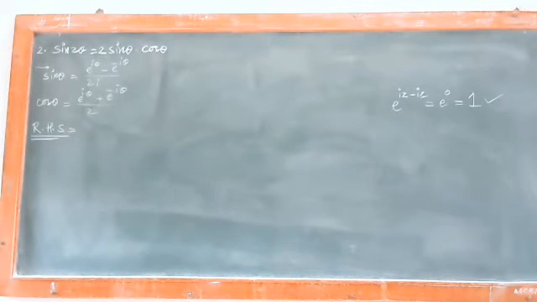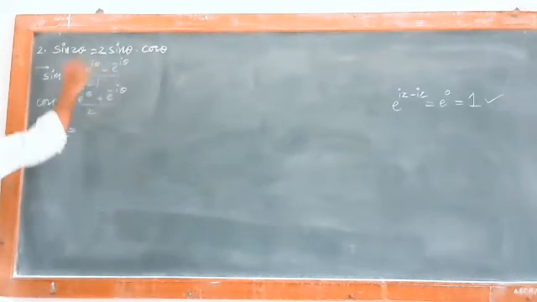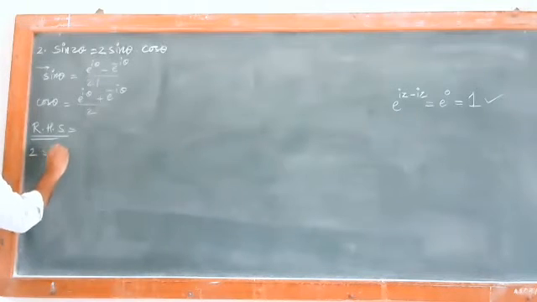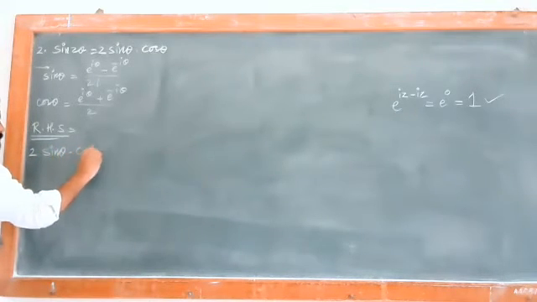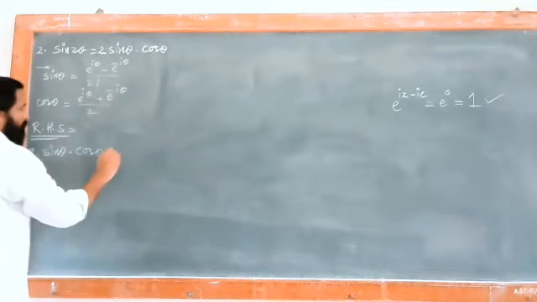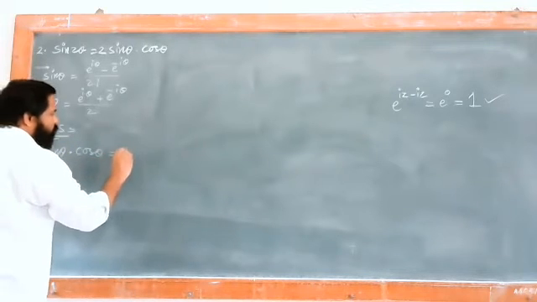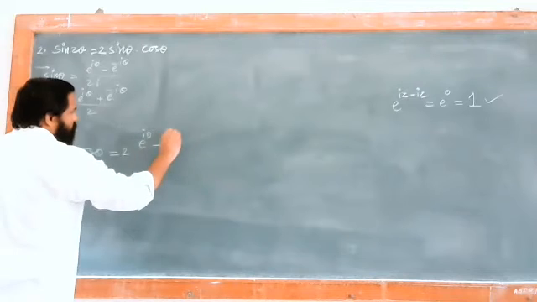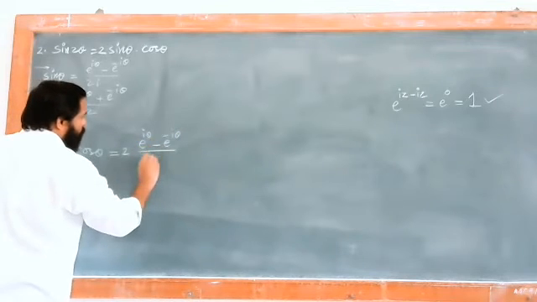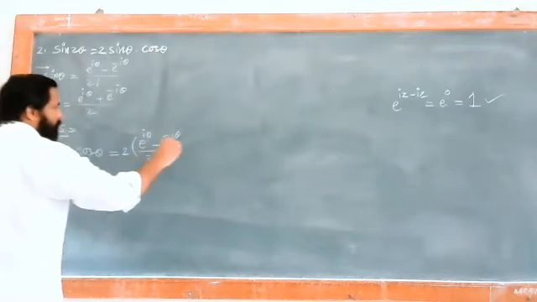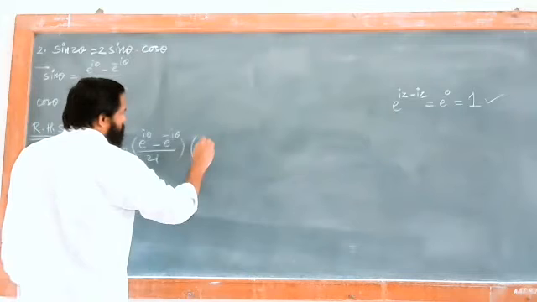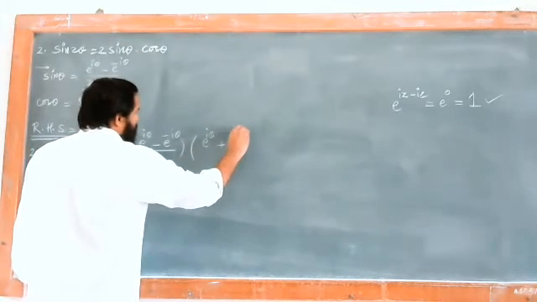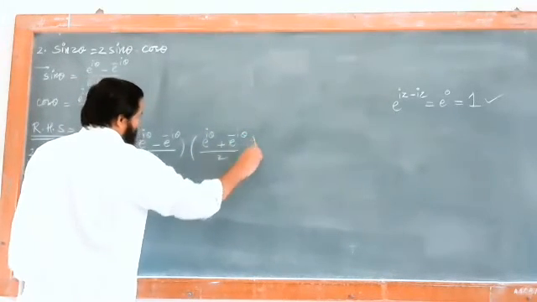Now see what to do: 2 times sin theta into cos theta. It is multiplication, so this is 2 times e raised to i theta minus e raised to minus i theta upon twice i, multiplied by e raised to i theta plus e raised to minus i theta upon 2.